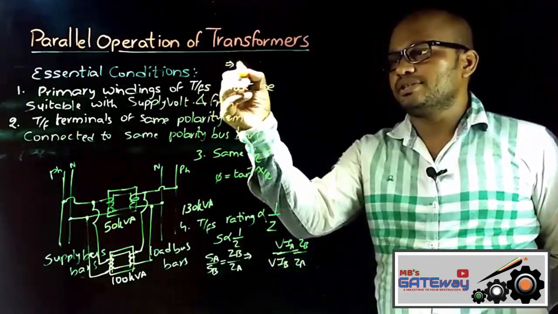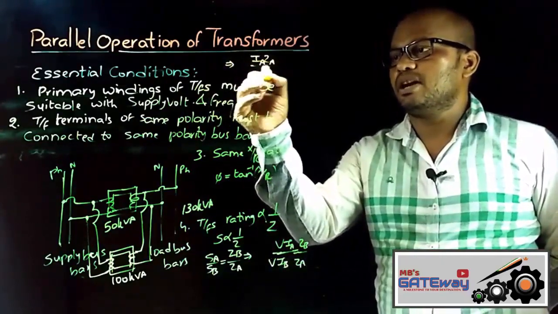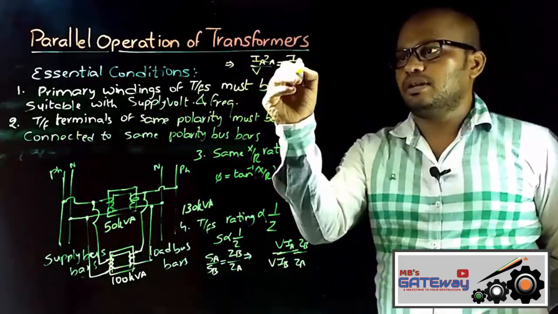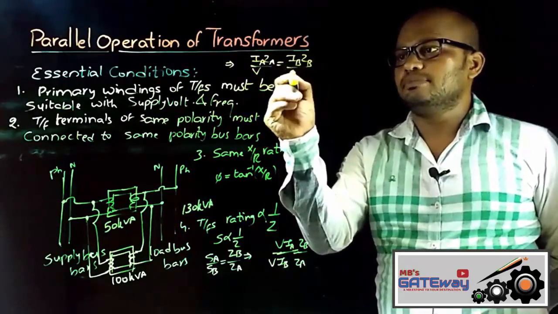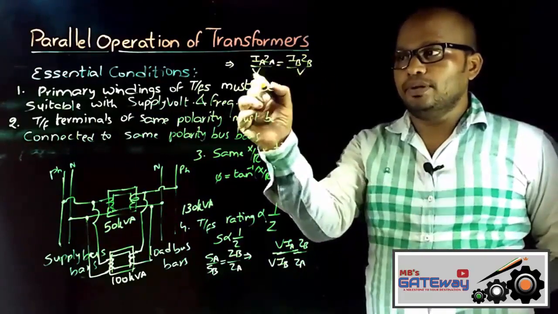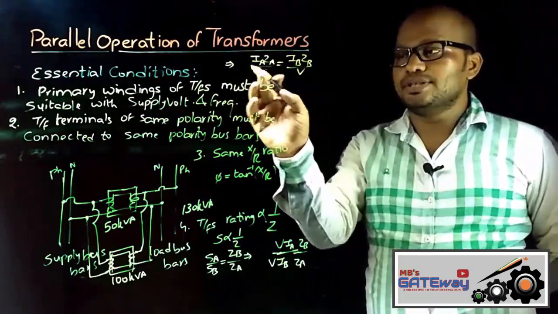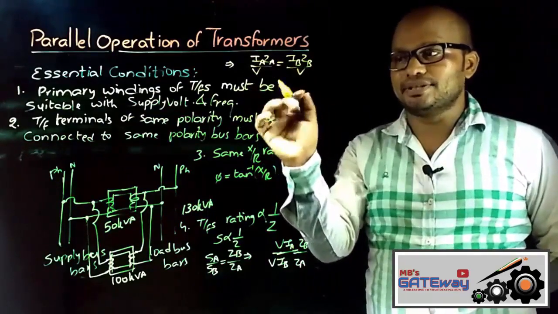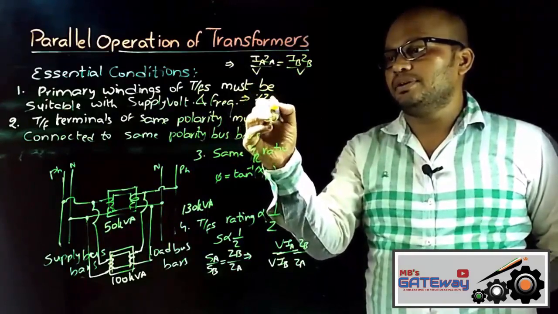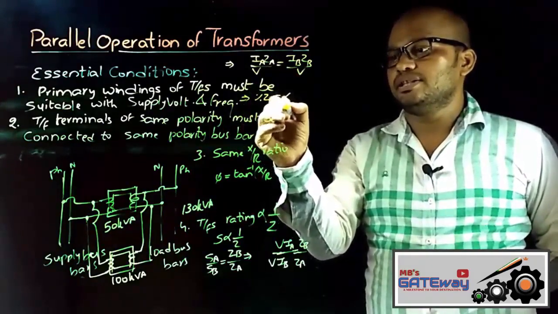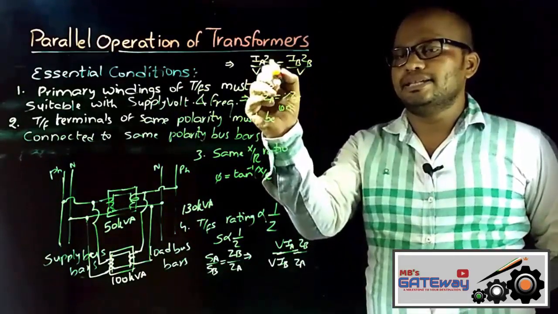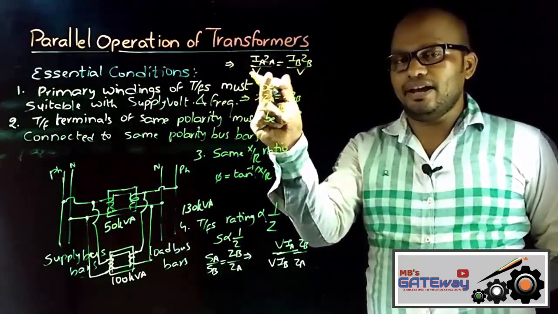So which implies IA into ZA by V is equal to IB into ZB by V, and if you multiply by 100 on both sides, that will give you percentage impedance drop, which can simply be termed as percentage impedance. So percentage impedance of A is equal to percentage impedance of B, or you can represent it like ZA by V by IA.